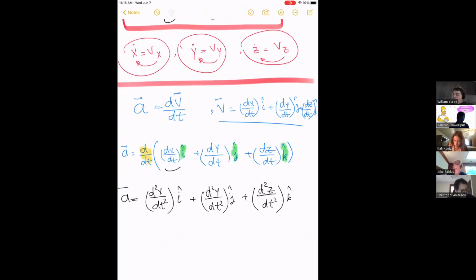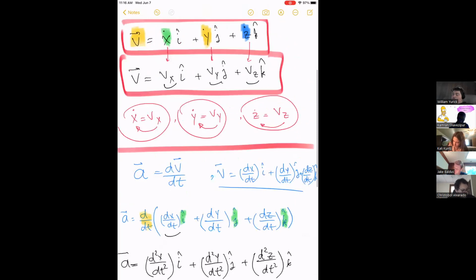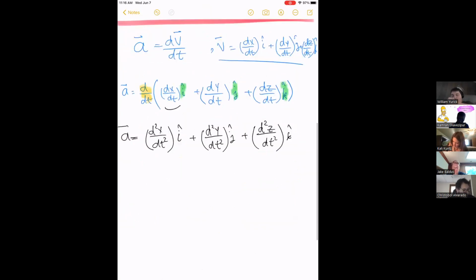Again, these are time derivatives. For one derivative, we use one dot. For the second derivative, we use two dots. So technically, a is going to be x double dot i plus y double dot j plus z double dot k. Any question?